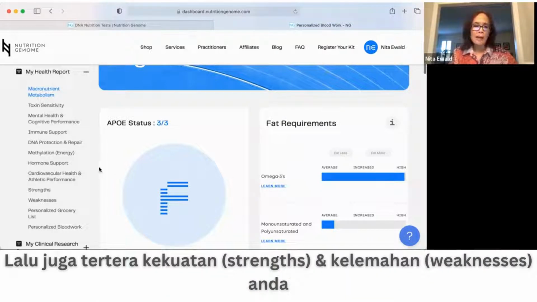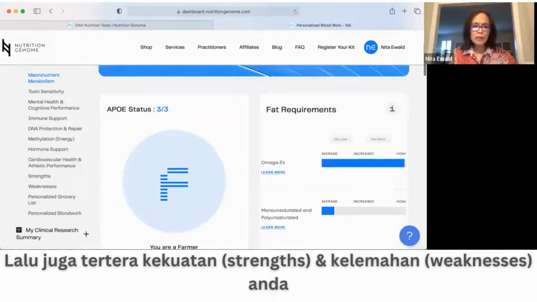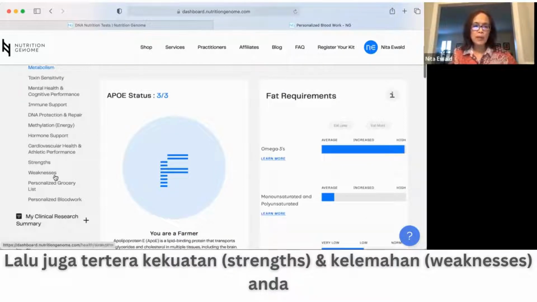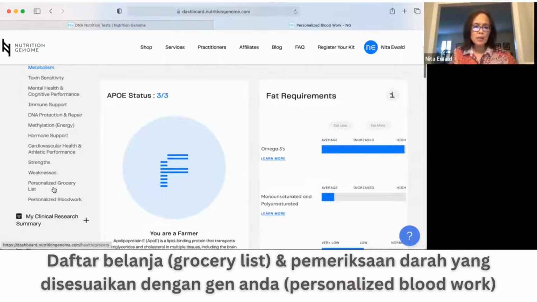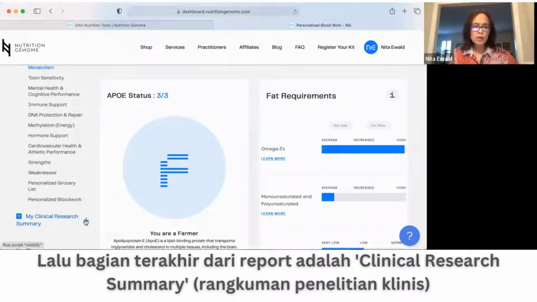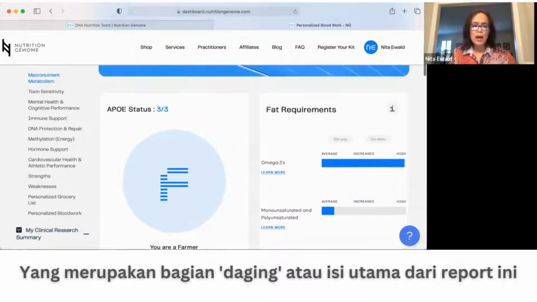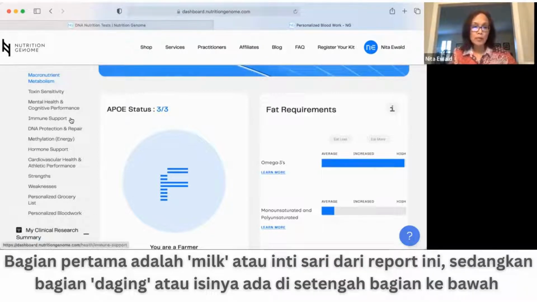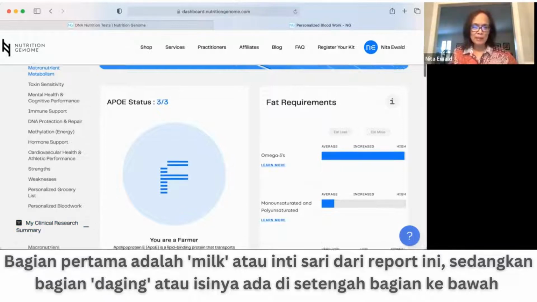And then there's your strengths, weaknesses, personalized grocery list, personalized blood work, and then the last portion of the report, the clinical research summary, which I think is the meat portion of the report. The first half is the milk portion of the report, and the meat part is the second half.